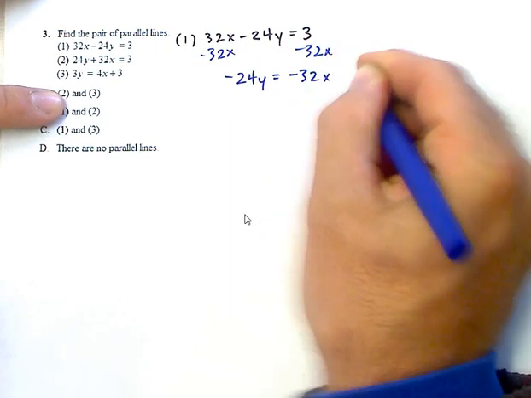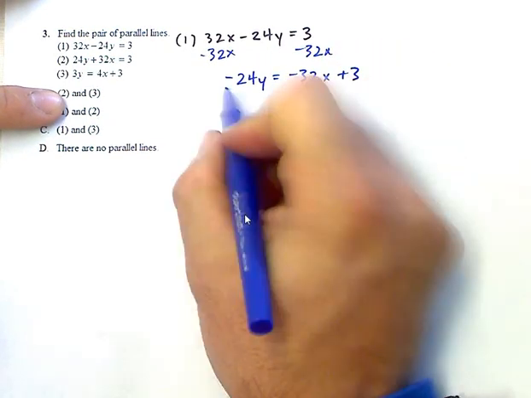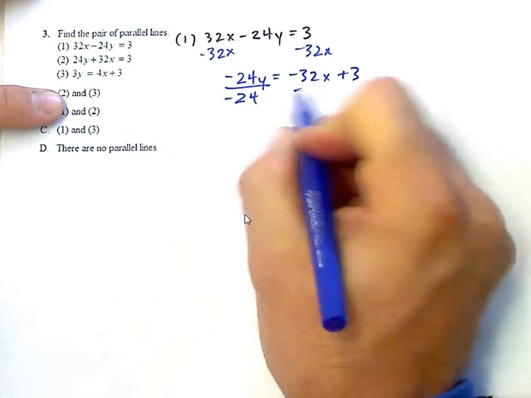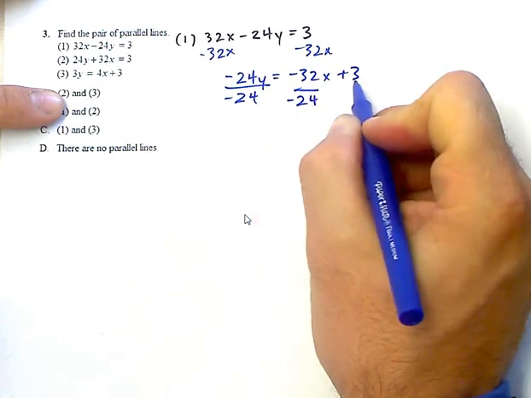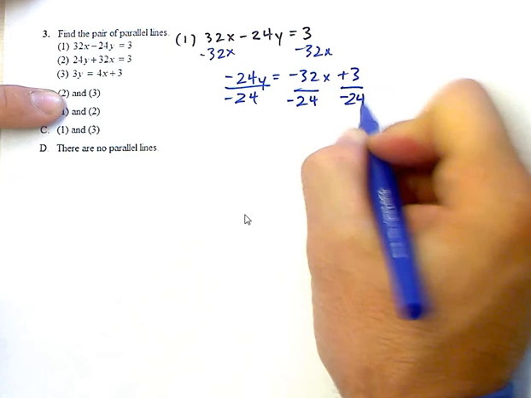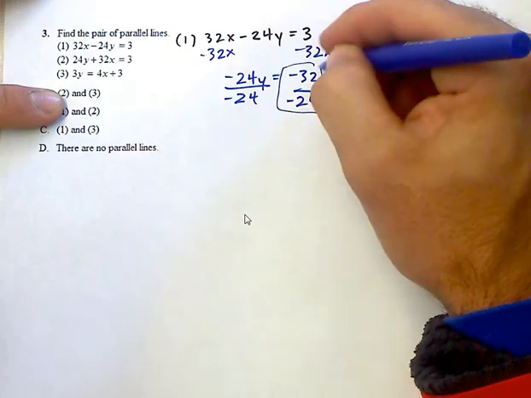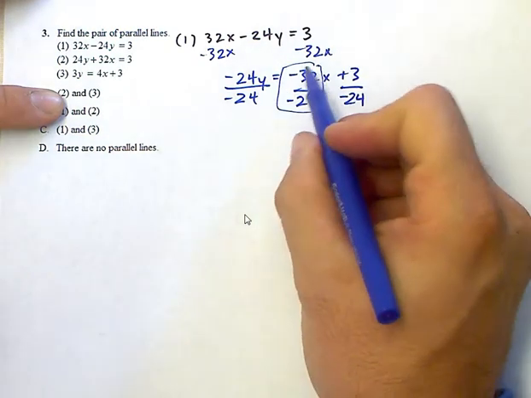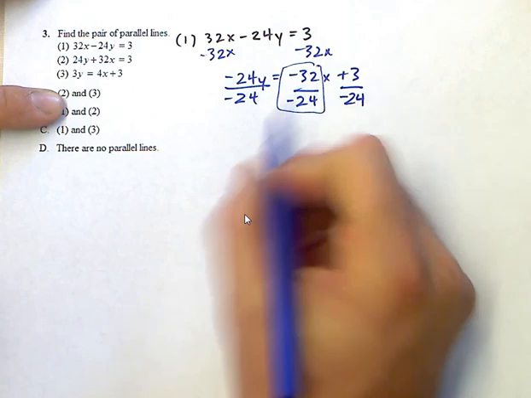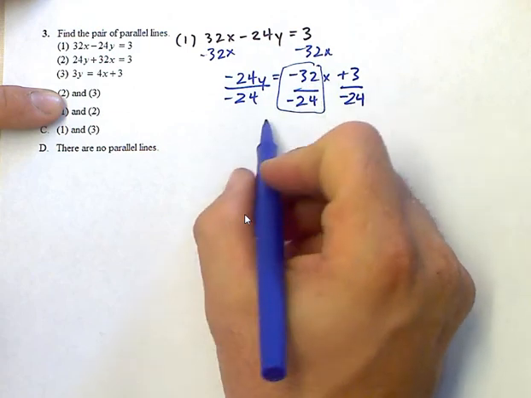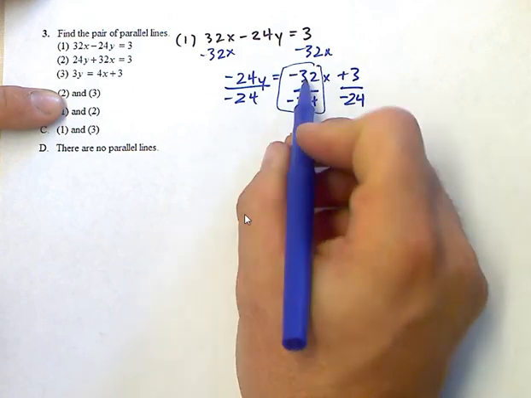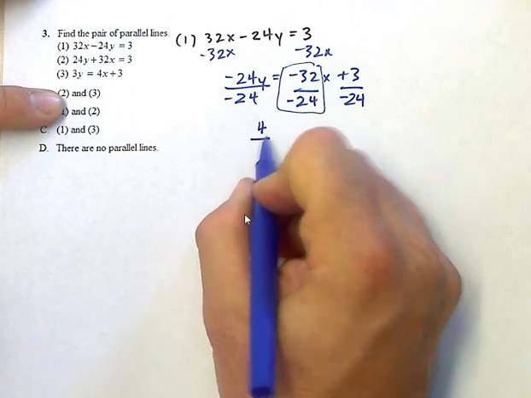Divide everything, so you might have to actually do some reducing here. I'm just evaluating the slope. Negative divided by negative is a positive. I know the biggest number that goes into both of these is 8. 8 goes in 4 times. So my slope for line 1 is 4 over 3.